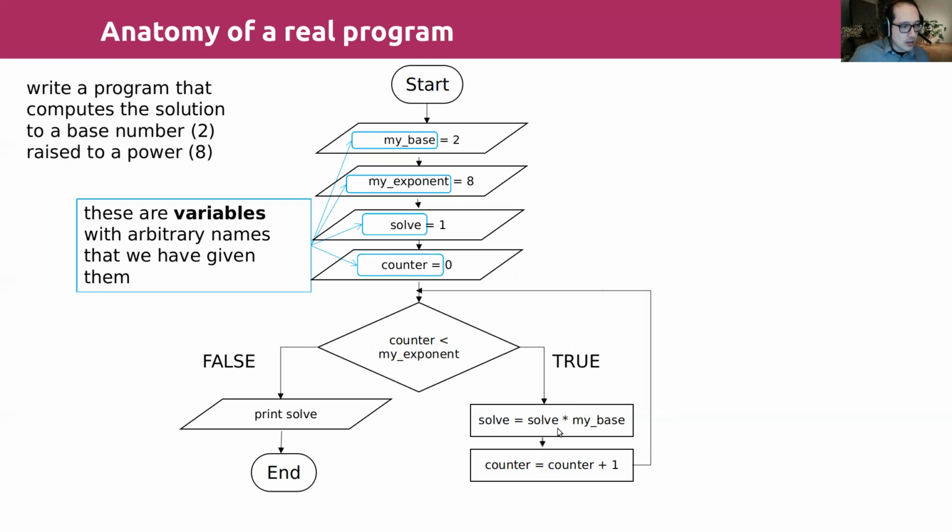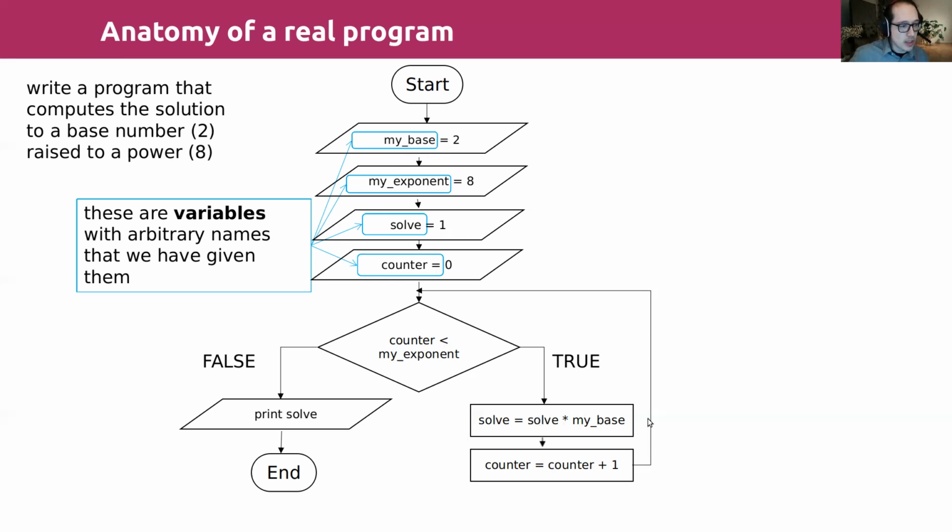What's happening inside the loop? As long as counter is less than my exponent, we're going to perform this operation here on the solve variable. Initially it was 1. What it's going to do then is multiply this base value with whatever value is in solve.